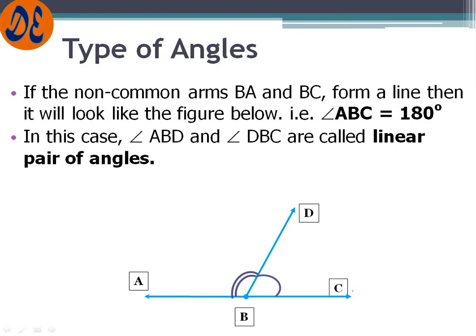Both conditions should be there. Understand? So you can always say in a linear pair the angles are also supplementary angles, but supplementary angles need not be a linear pair. The supplementary angles need not be a linear pair, but linear pair angles are always supplementary angles. Remember this one.